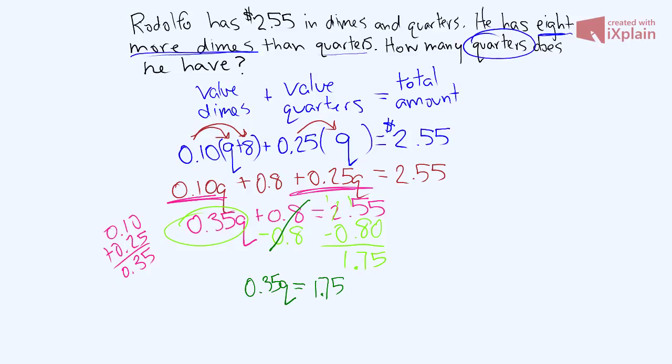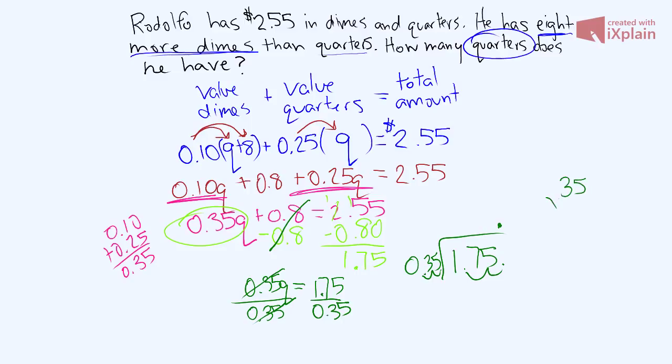So in order to finish solving, we have to divide both sides by 35 hundredths. Cancel that, cancel that. We get 1.75 divided by 0.35. We have to move our decimal place 2 places, so if we do it there, we have to do it here, and then we bring that up. 35 can't go into 1, it can't go into 17, but it can go into 175.